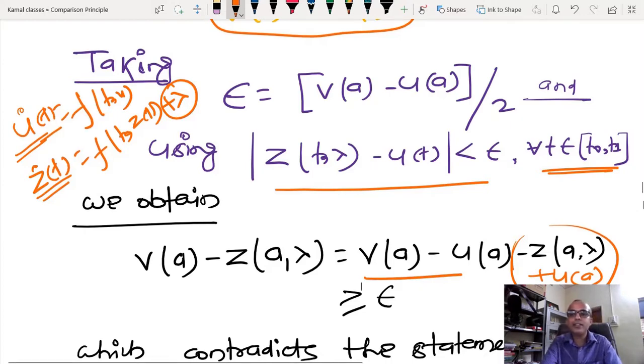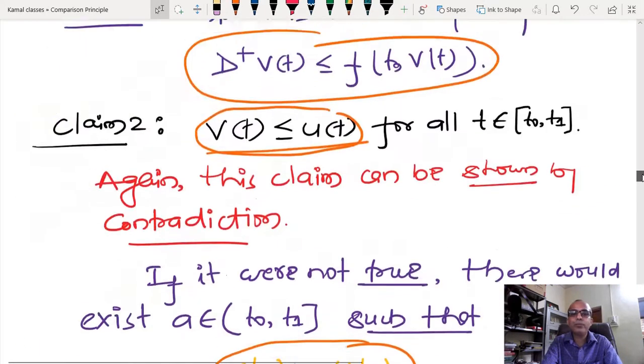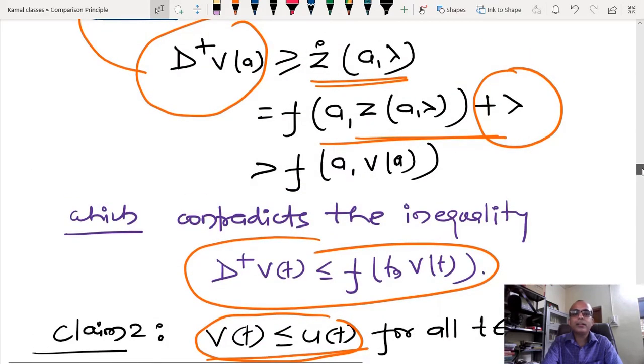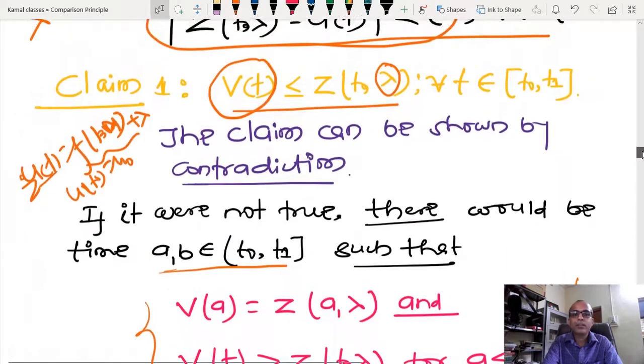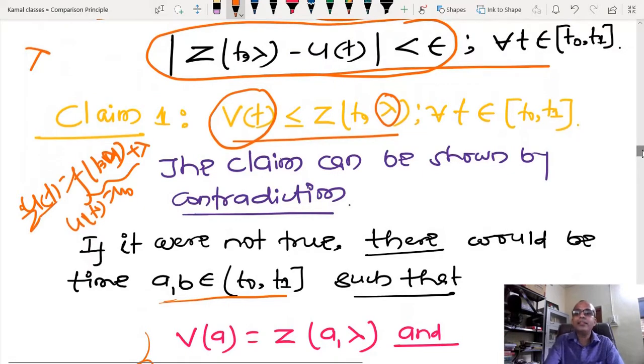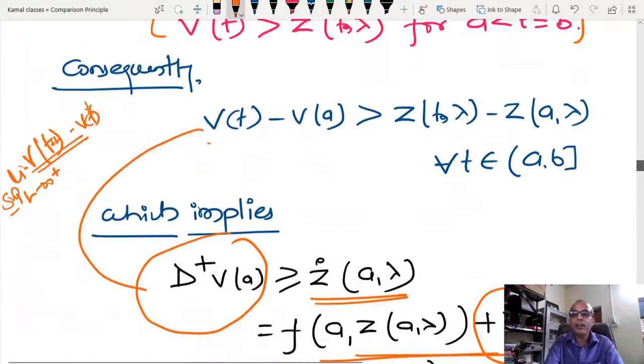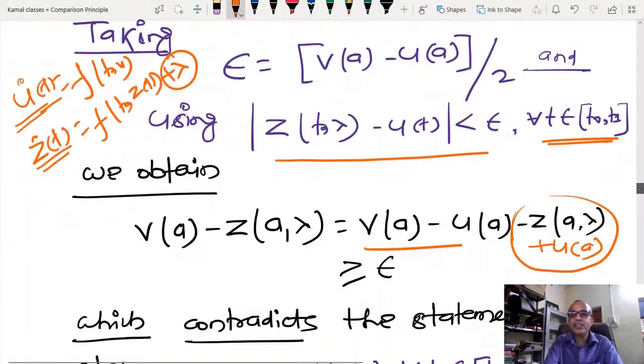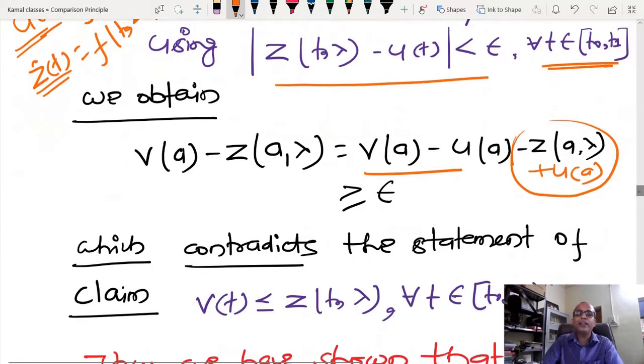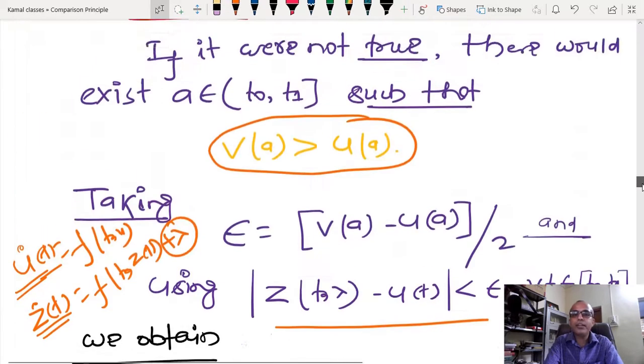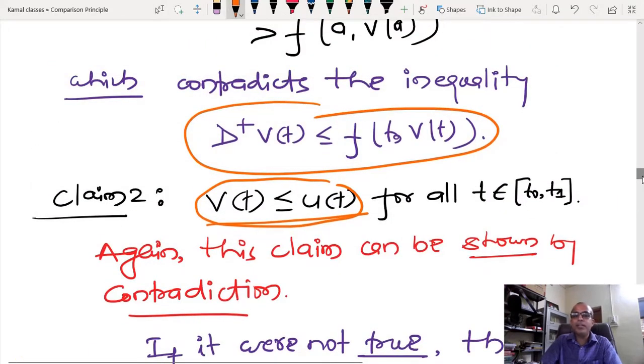But in statement 1 I have proved that Vt is always less than Zt, and by adjusting epsilon it is possible to show that V is greater than Za. Due to that, again there is a contradiction, and so we say that for all t, the solution Vt of the differential inequality is always less than the solution of the differential equation.